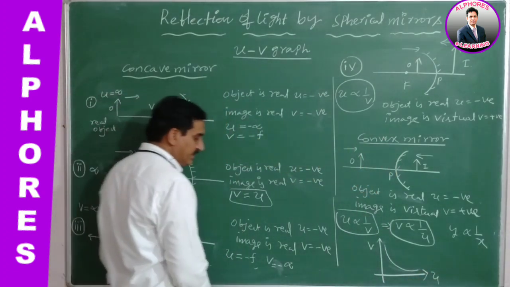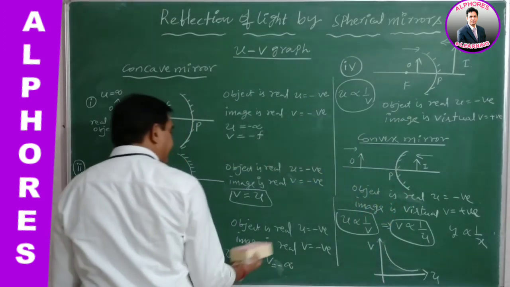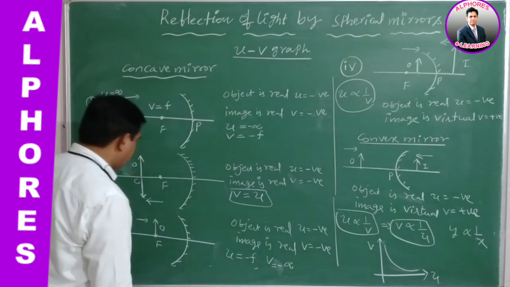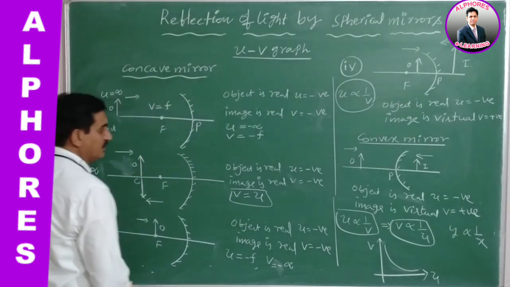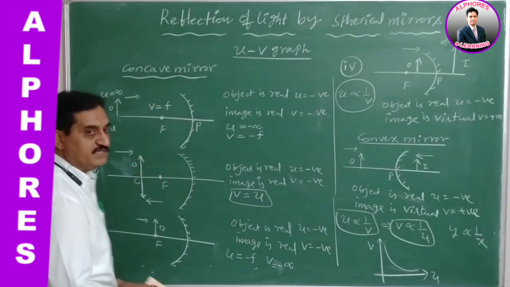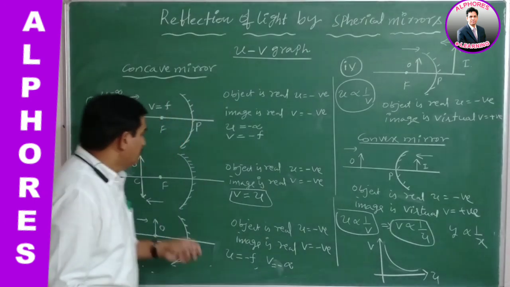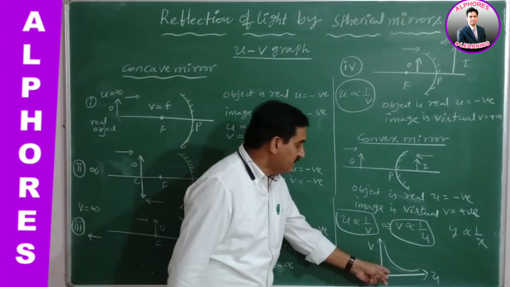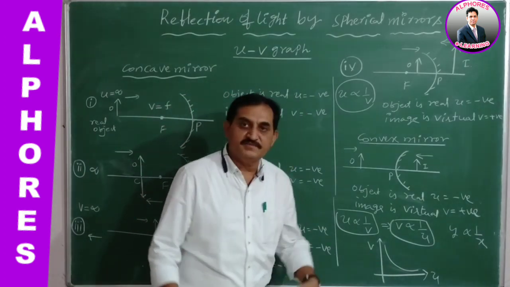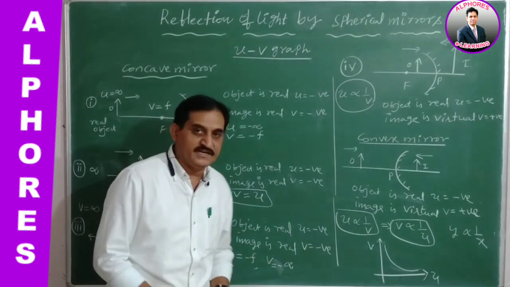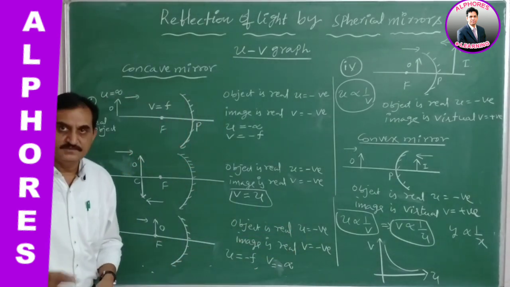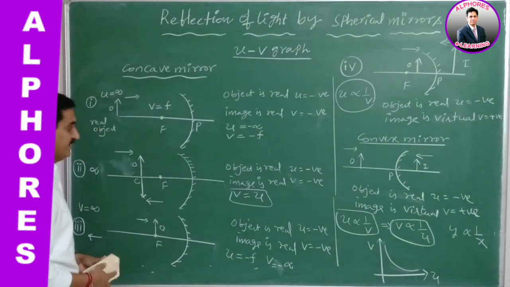Next, go for the rectangular hyperbola, in which the condition is to be used. So what is the condition we are going to use in this case? Suppose V is equal to U, we can also take what kind of point is going to intersect with the rectangular hyperbola, and all the things we will go for in the next point.